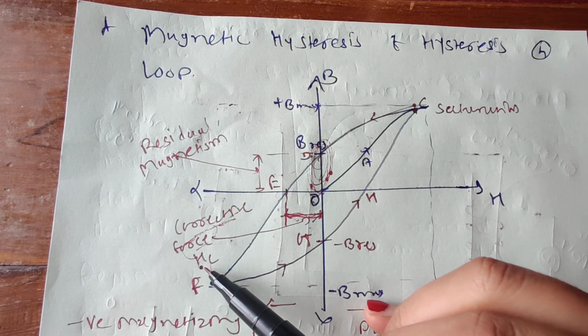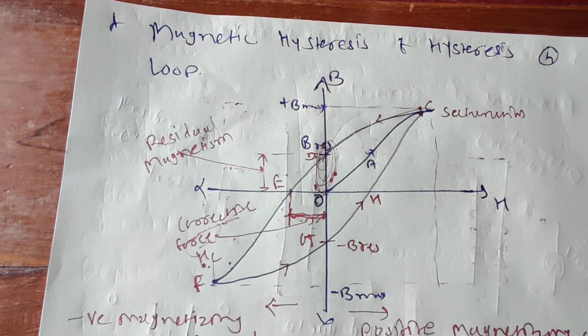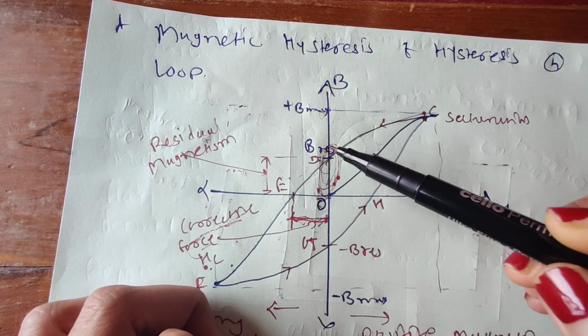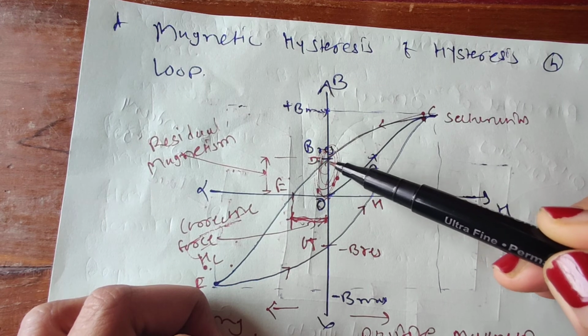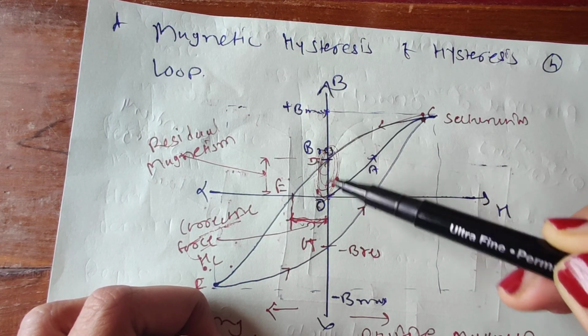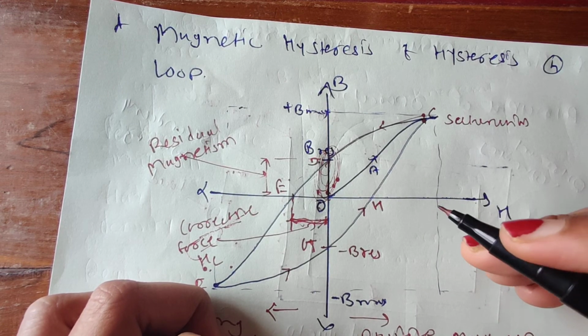You can represent it by Hc. The process of reducing the magnetic flux density B to 0 is called demagnetization of the core.